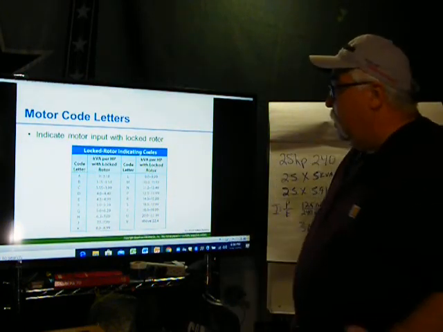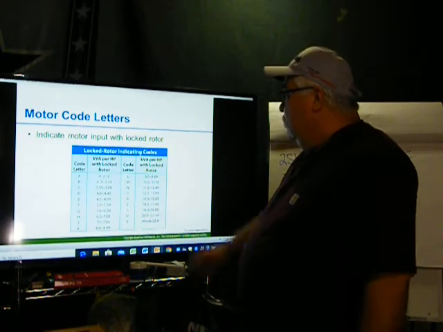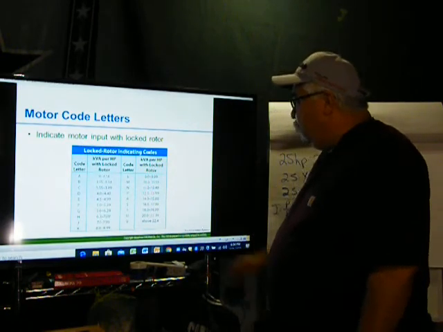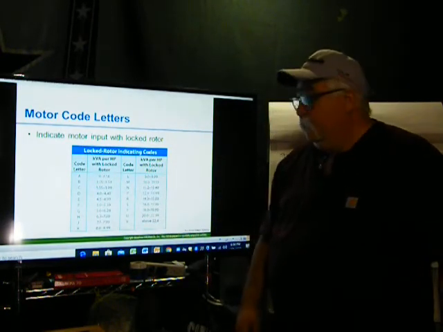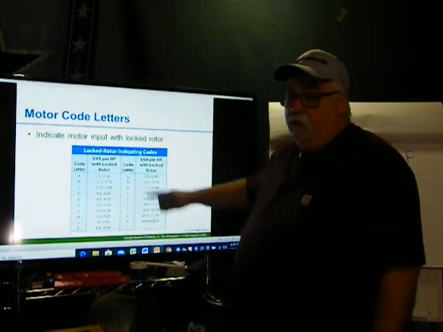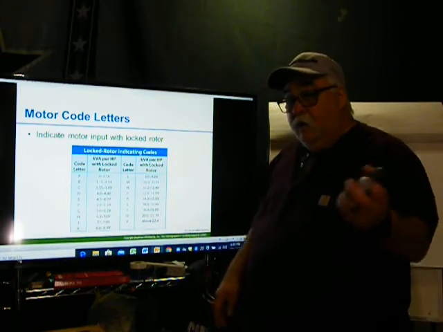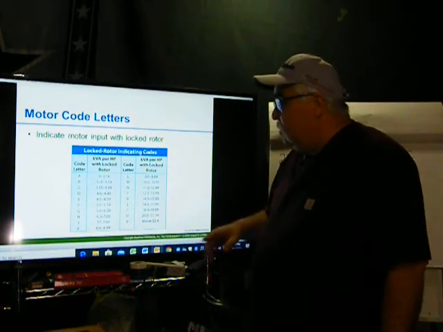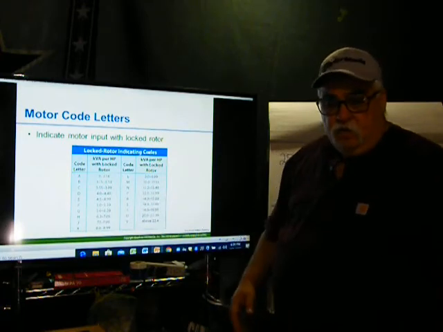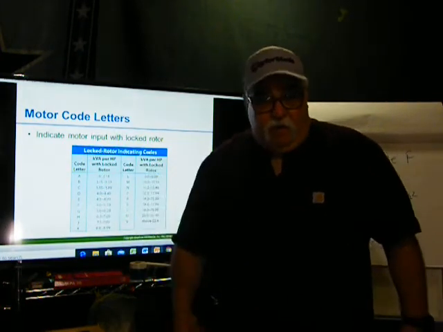Okay, so your letter codes, here they're just talking about the indicator of motor input, locked rotor. So your locked rotor indicating code, they all have a letter on them, and it would be either under code letter or KVA. That's why I did it the way I did in the assignment that I sent out, so you could see this in case it ever happens out in the field.